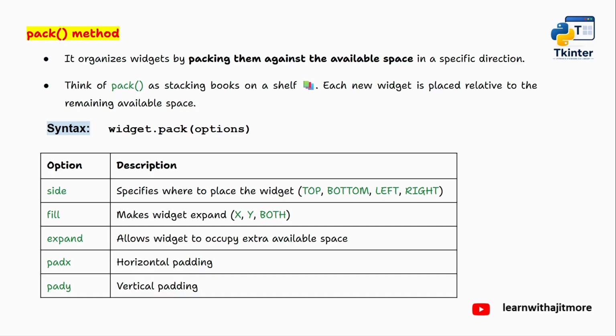You'll come to know better. But are the parameters clear? The side part. Side means which side to stick: left, right, or top, bottom. Then which side to expand, whether to take the X space or Y space or both. Then the expand flag, and pad X and pad Y. Okay, guys, can you give me confirmation?